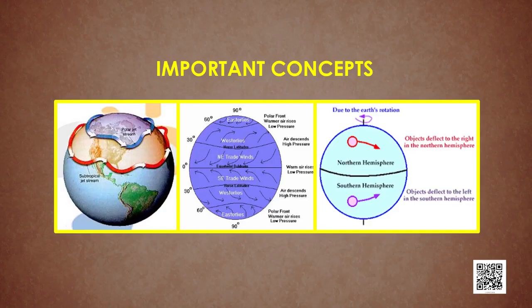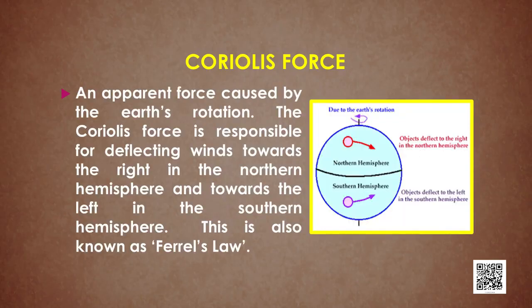Children, as you know, the whole of the globe, the earth, is divided into various surface wind zones, and India falls into the zone of trade winds. Before understanding the movement of the winds, let us try to understand why, when you draw the diagram of winds, these winds are shown in a diagonal or curved manner. That happens due to the Coriolis force, an apparent force caused by the earth's rotation.